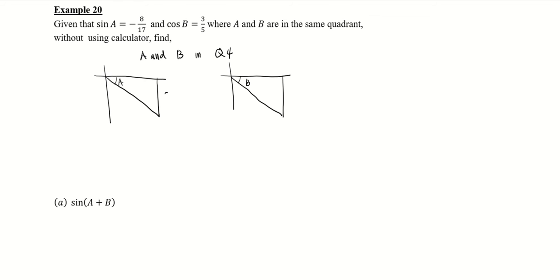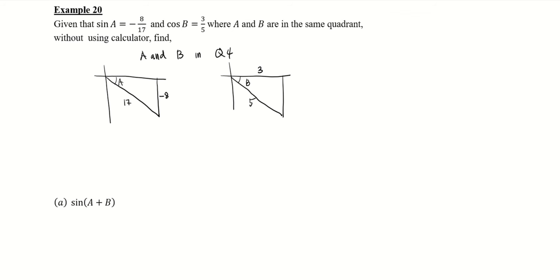Opposite is 8, hypotenuse is 17. Since the hypotenuse is always positive, the opposite here is negative 8. While for B, cos B is 3 over 5. Cos is adjacent over hypotenuse, so adjacent must be 3 and the hypotenuse must be 5.